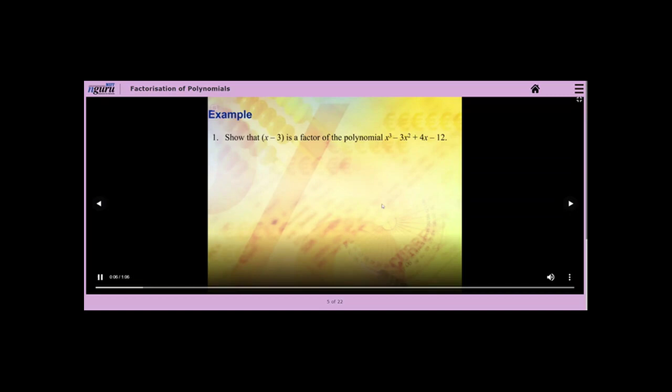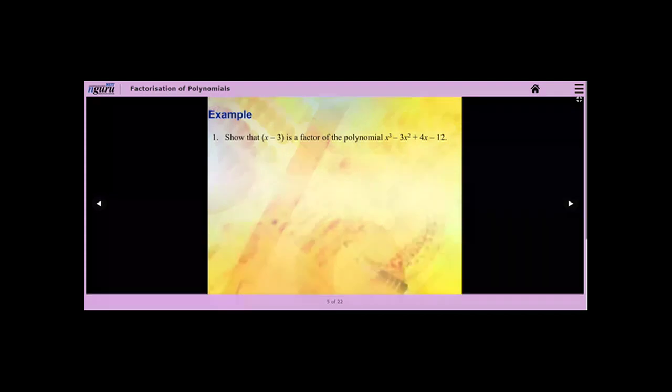Correct. Polynomial x cube minus 3x square plus 4x minus 12. Let the given polynomial be p of x. We have to prove that x minus 3 is a factor of the polynomial p of x. The factor theorem states that x minus a is a factor of the polynomial p of x if and only if p of a is equal to 0.